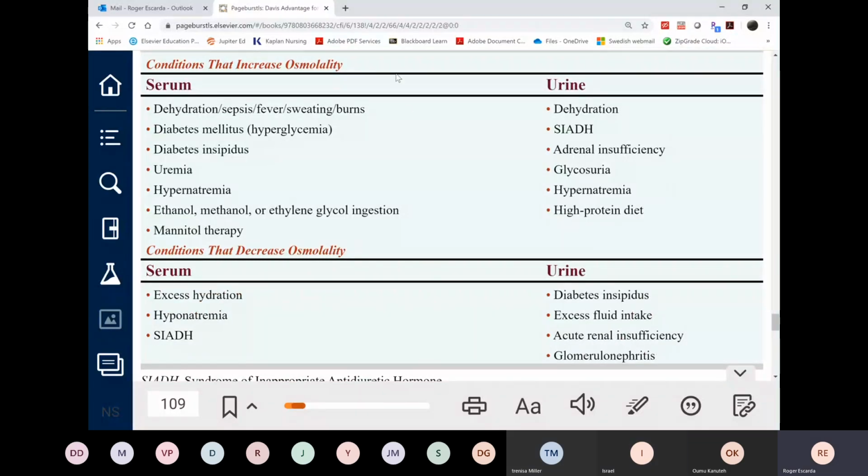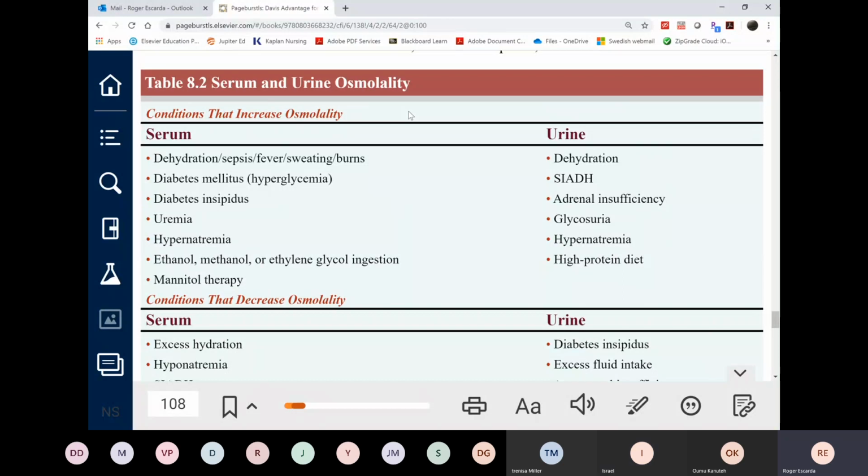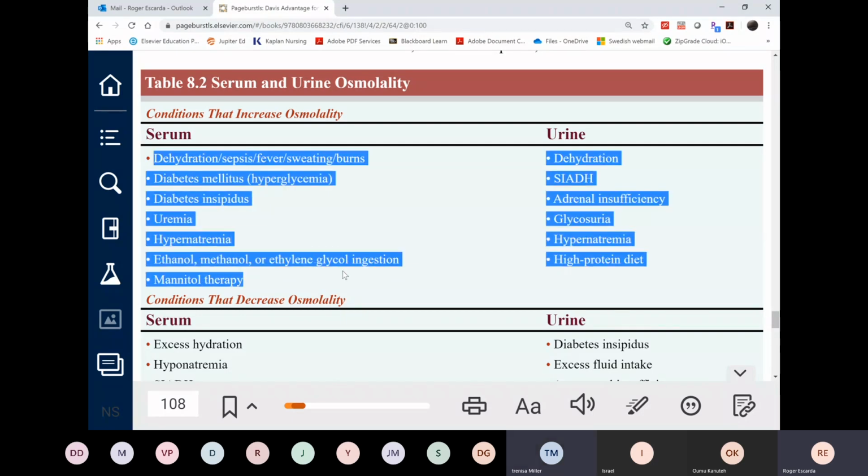Here are your examples that will increase or decrease your serum concentration. If these conditions increase osmolarity, or increase the concentration of your serum, of your plasma, are these conditions leading to fluid volume deficit or fluid volume overload?